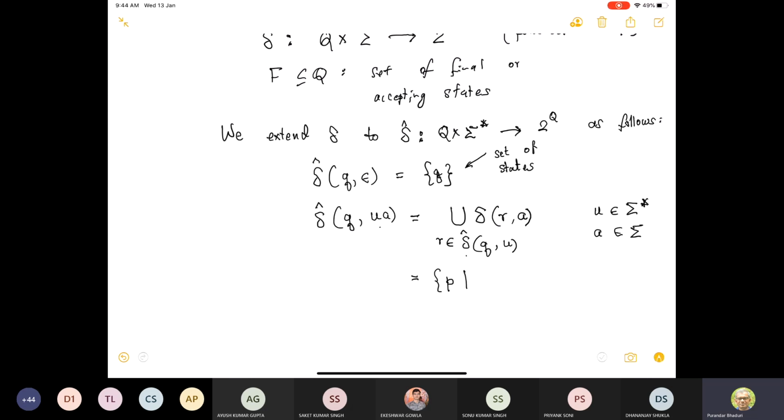You can think of the set of all states P such that P belongs to delta of R, A for some R in delta hat of Q, U. So is this definition clear or not?